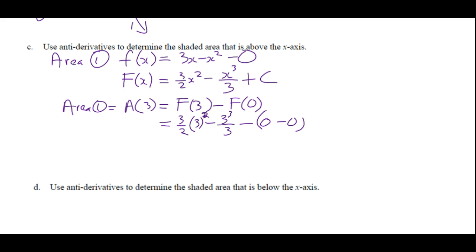Just to be thorough, let's be more specific: 3 halves 0 squared minus 0 cubed over 3.